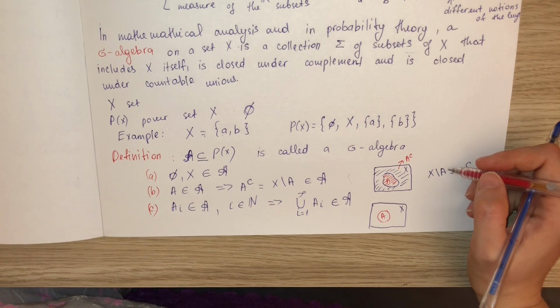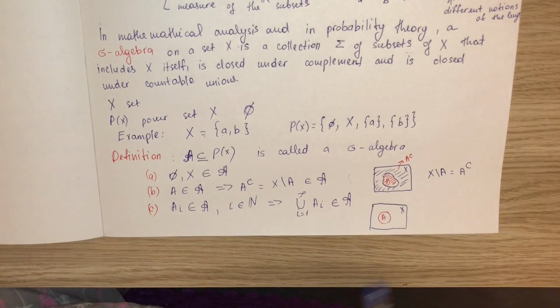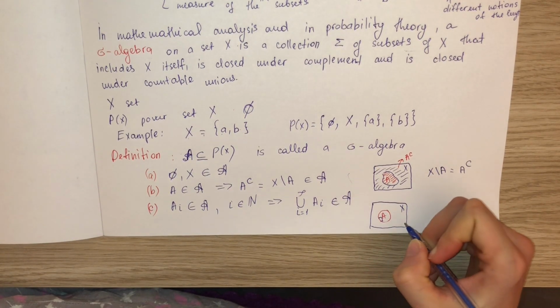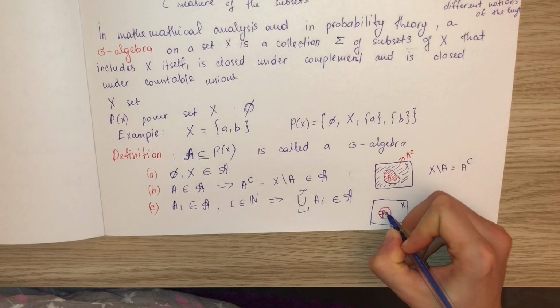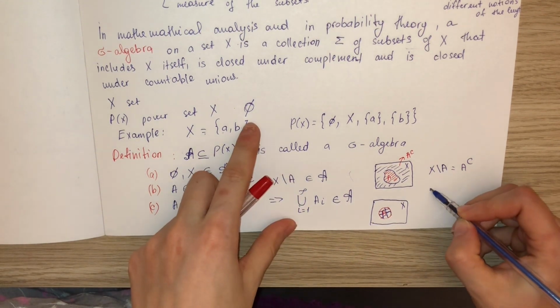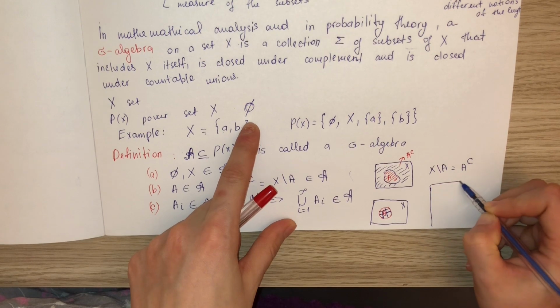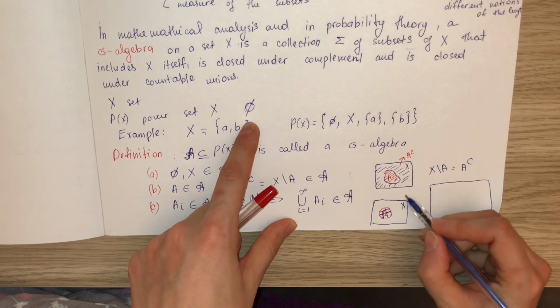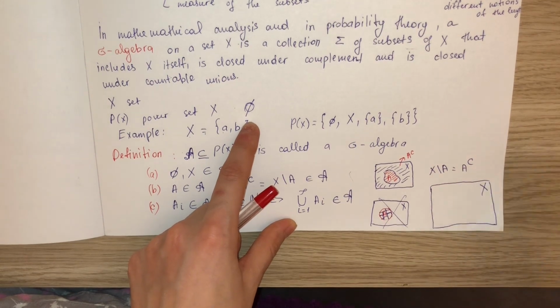Inside now, assume we have measurable sets inside A. So we have measurable sets here. The union of these measurable sets, let me write it more clearly. Look at this example.